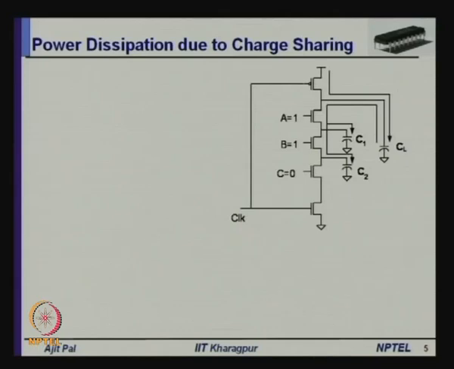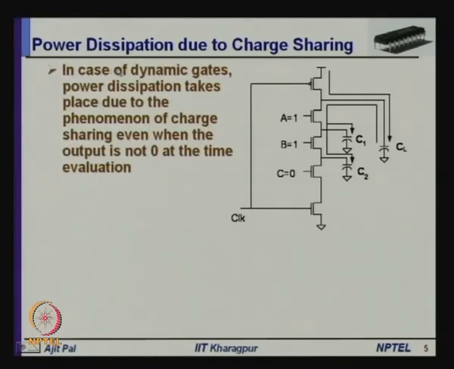Okay. Now, another very important aspect of dynamic CMOS circuits is power dissipation due to charge sharing. In dynamic gates, power dissipation takes place due to the phenomenon of charge sharing even when the output is not 0 at the time of evaluation. As we know, in static CMOS circuits, dynamic power dissipation occurs only when the output changes from 0 to 1 and 1 to 0.